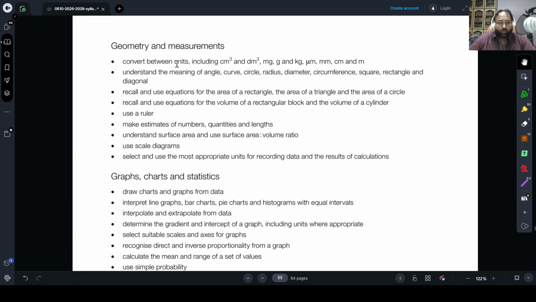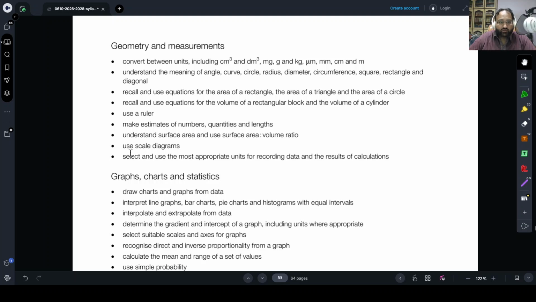Geometry and measurements: converting units, understanding the meaning of angle, curve, circle, radius, and other terminologies given over here. Recall and use equations of the area of rectangle, triangle, and circle. Recall and use equations of the volume of a rectangular block and the volume of a cylinder. Use a ruler. Make estimates of numbers, quantities, and lengths. Understand surface area and use the surface area to volume ratio.